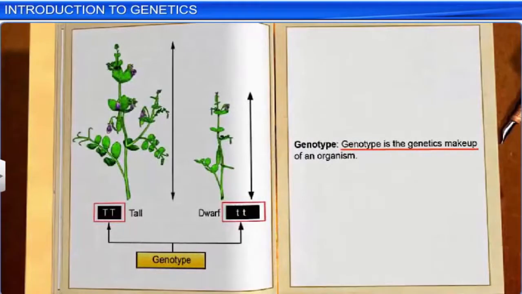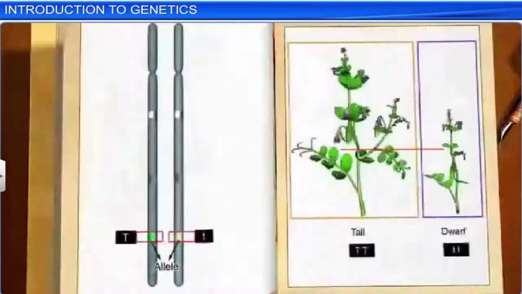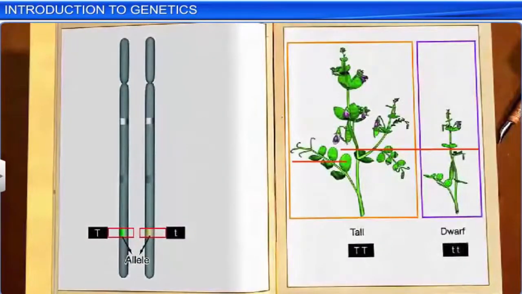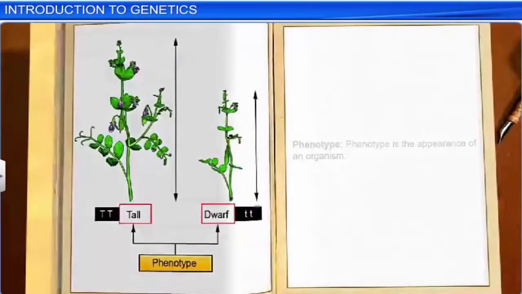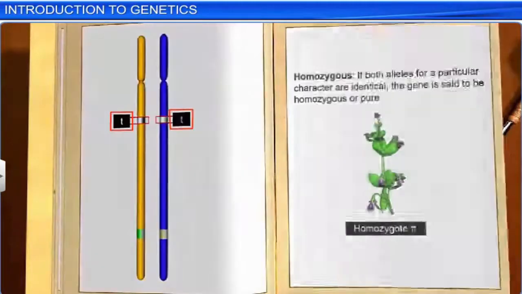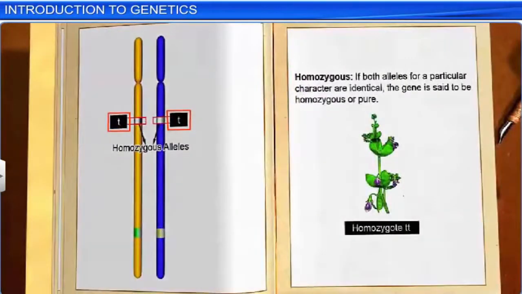The genetic makeup of an organism is designated by the term genotype, while the appearance of the organism is designated by the term phenotype. Also, every organism possesses two alleles for each character. If these two alleles for a particular character are identical, the gene is said to be homozygous or pure, and the individual is called a homozygote.